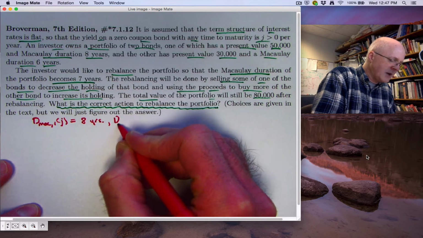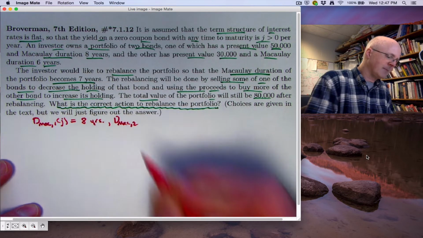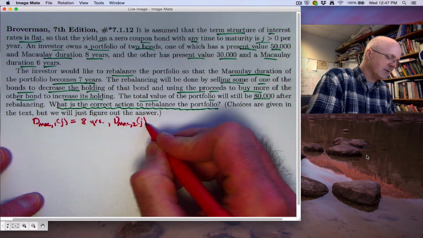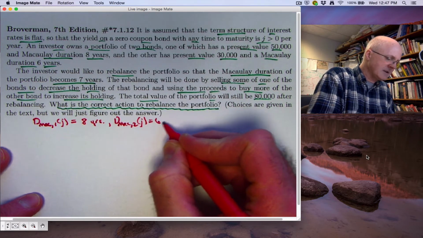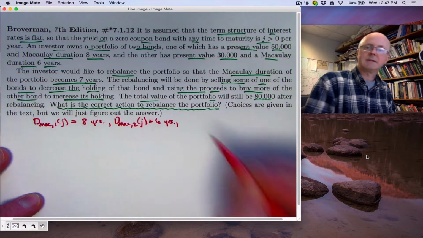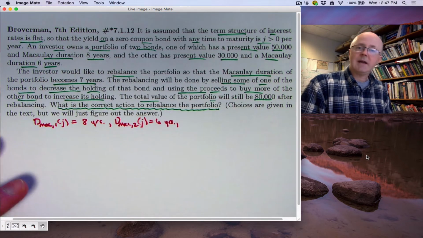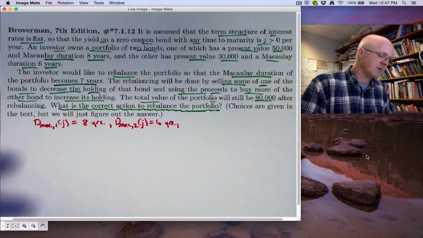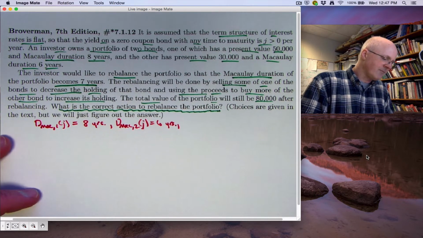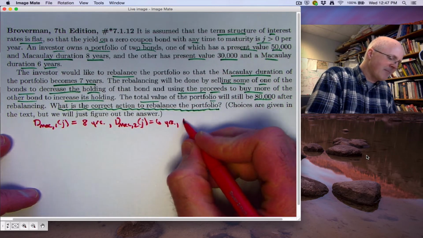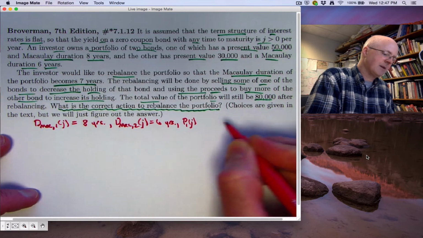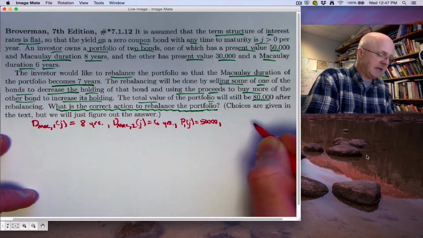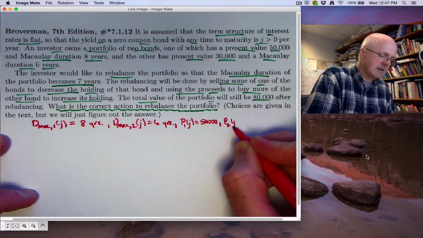And the Macaulay duration of the second bond, or group of those bonds, at the yield rate J is 6 years. So that's a couple things that we know. Let's also write down the present values of each of those bonds, which are made up of individual versions of those bonds. P1 of J is 50,000, and P2 of J is 30,000.